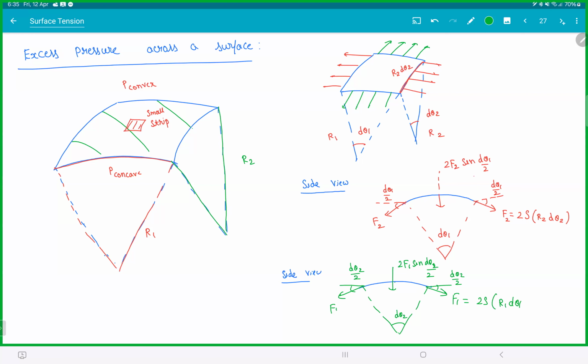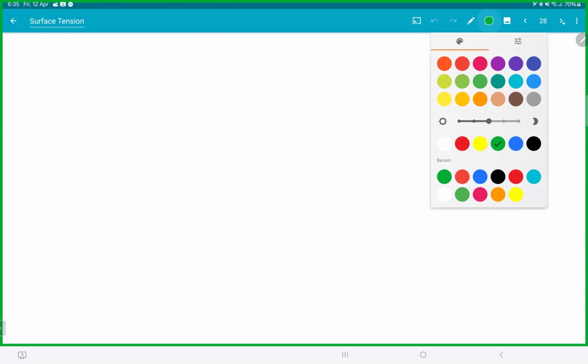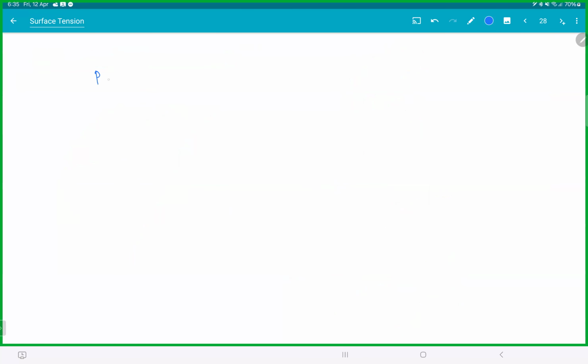Now if I combine all this stuff, pressure convex minus pressure concave, into the area of that strip, should be equal to 2F1 sine d theta 2 by 2 plus 2F2 sine d theta 1 by 2.